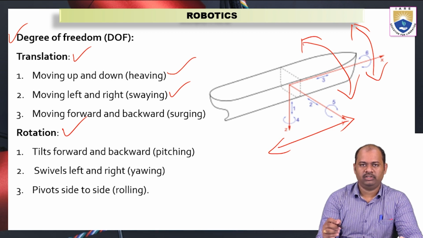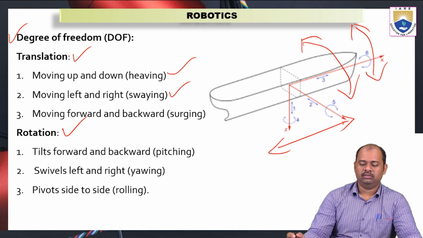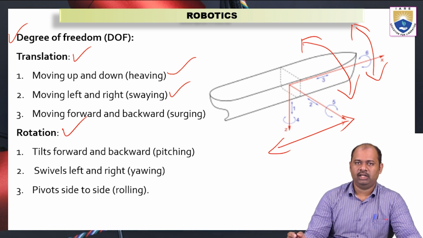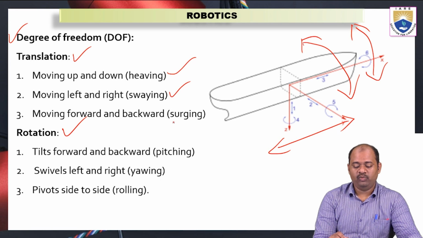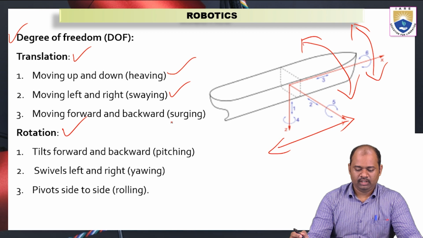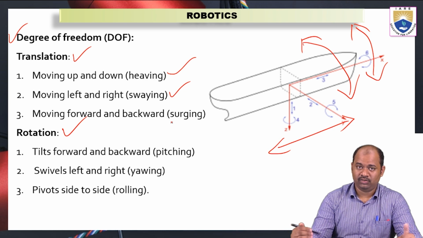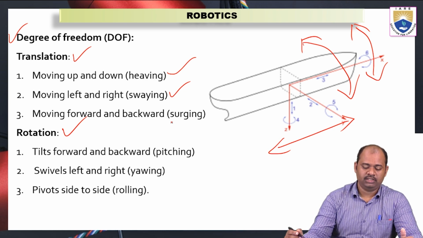The word surging is also used in electrical terminology, for electrical surges. So these are three different types of translatory motions which are possible in ships as well as in robots. That is why we are discussing this.